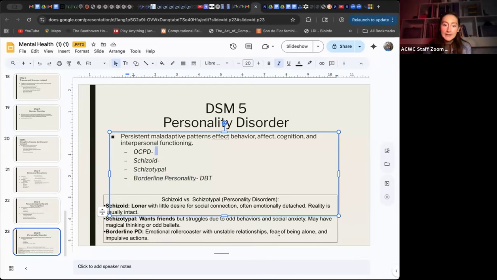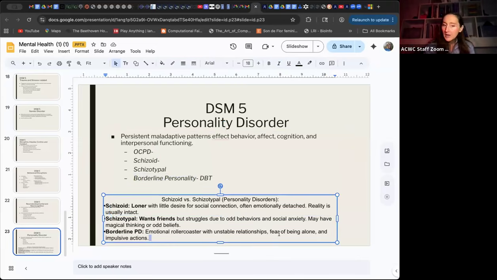And this is just here because it's easy to get schizoid and schizotypal confused sometimes, because they kind of sound the same. But one of the main differences: schizoid is a loner and they actually like to be a loner. They don't even want friends, but their reality is intact. They truly want to be alone.